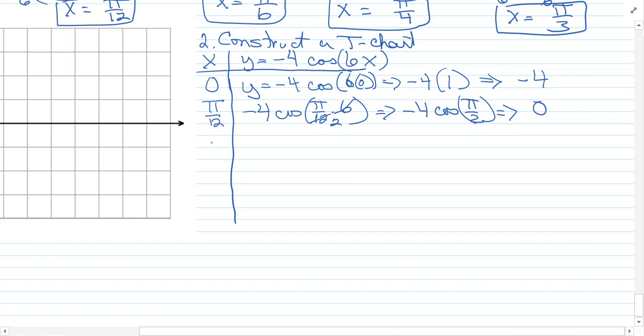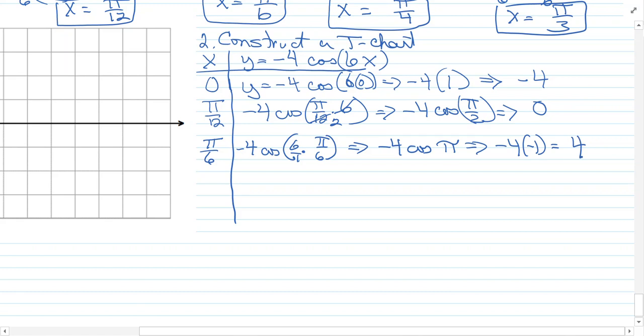Then my next one is pi 6. And in pi 6 I have -4 cosine of 6 times pi 6. So that gives me -4 cosine of pi, which is -4 times -1, which is +4.